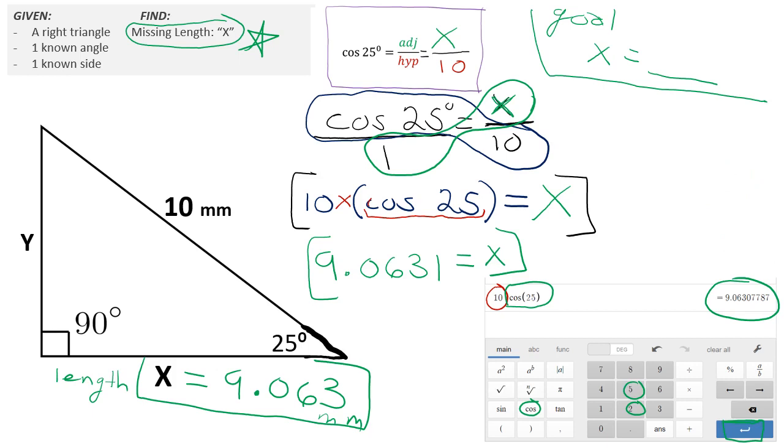Well, it really depends on what's in your denominator right here. So that's why I typically recommend the cross multiplication way, because then that helps you see when you should be multiplying and when you should be dividing, because again, it really depends whether your variable is in the numerator or if it's in the denominator.